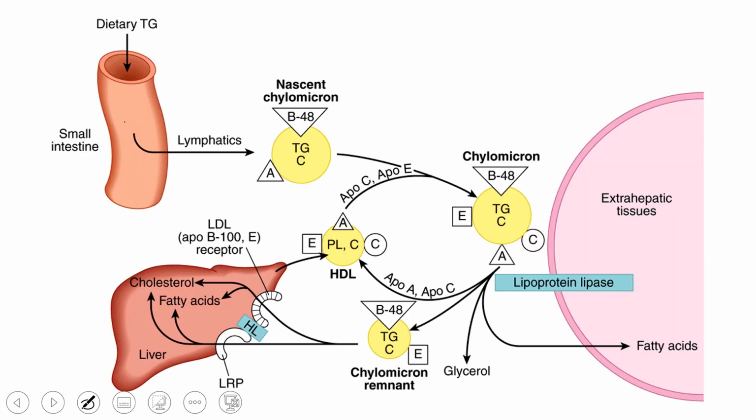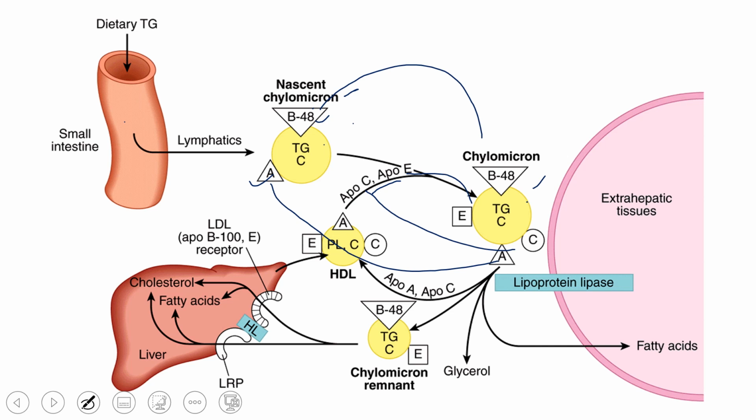In the intestine we form nascent chylomicron, which has only apoprotein A and B48, triglyceride and some amount of cholesterol. In the circulation, this nascent chylomicron receives some apoproteins like apoprotein C2, C3 and E, and it becomes mature. So this mature chylomicron has B48, A, C and E.